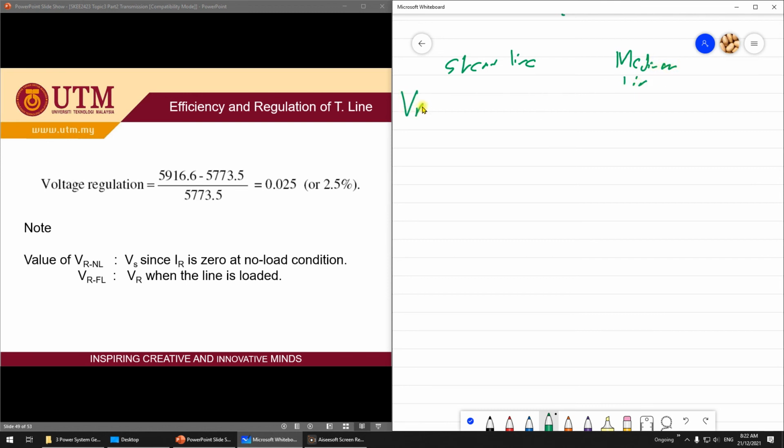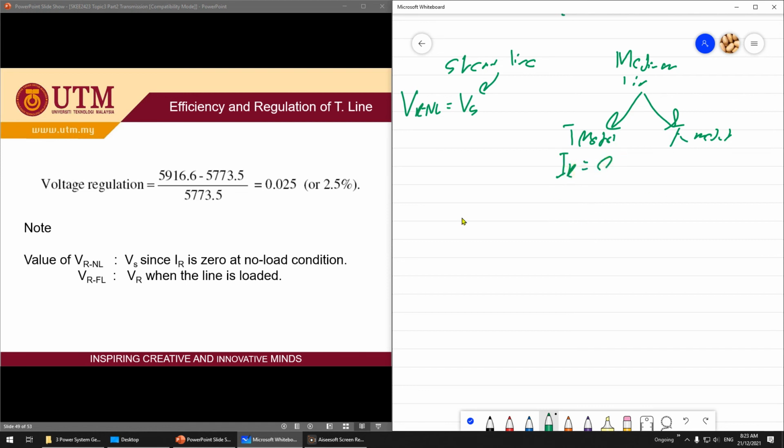VR no load is equal to Vs for short line. But for medium line, you have to derive either the T model or pi model. Just use the formula and make the IR equal to 0.